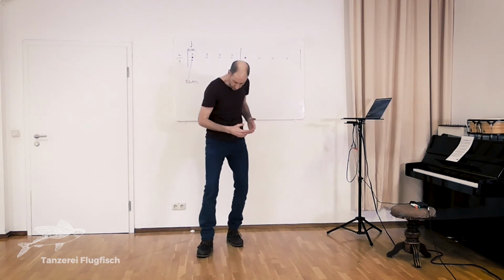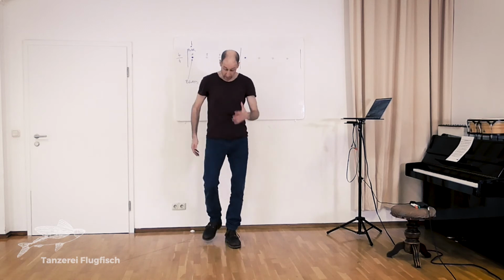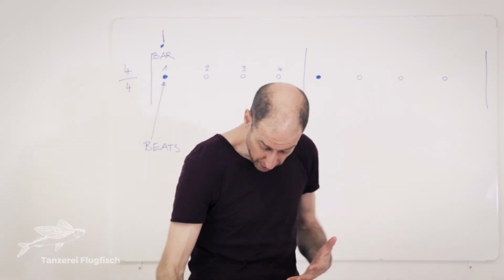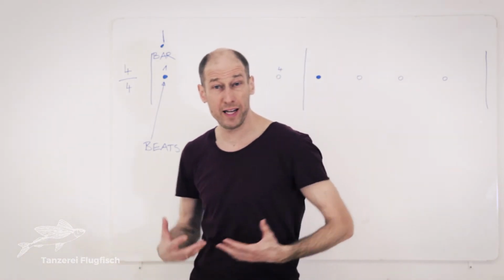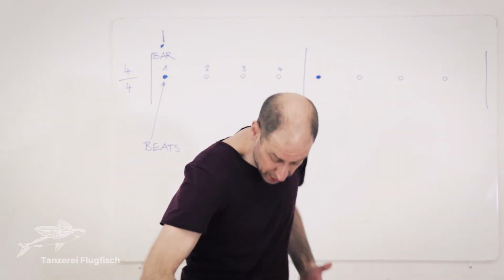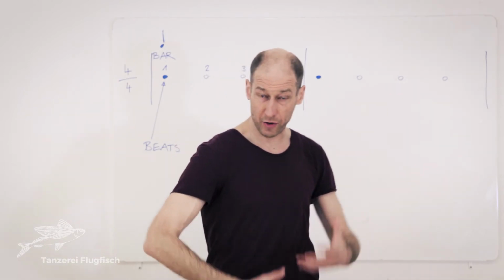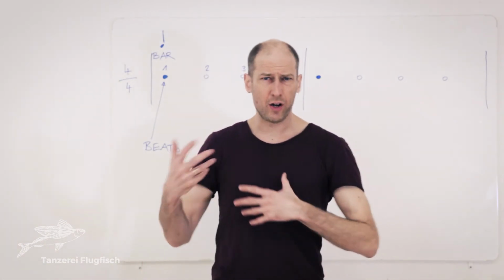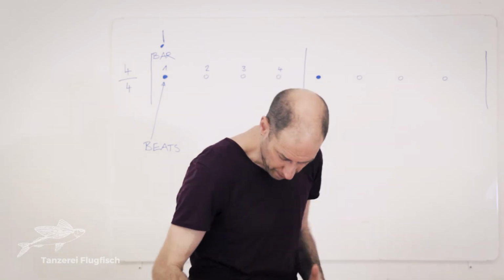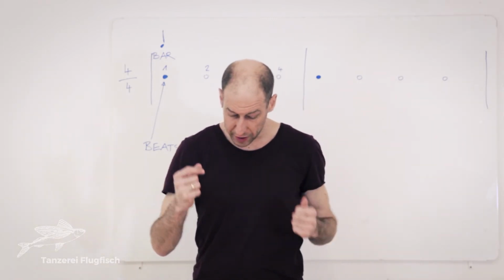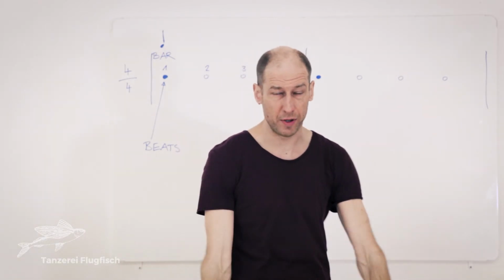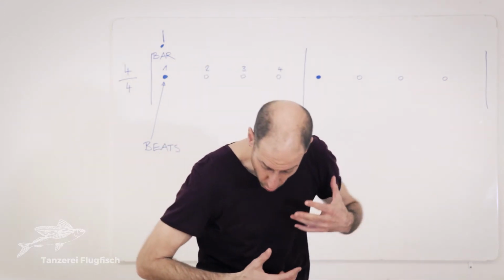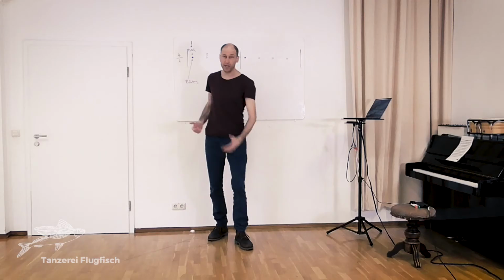I love to do this because this way I can physically feel the 1 is always the step on the front, on the right foot. And that way I don't need to concentrate so hard on the counting, because my body sort of does it for me.